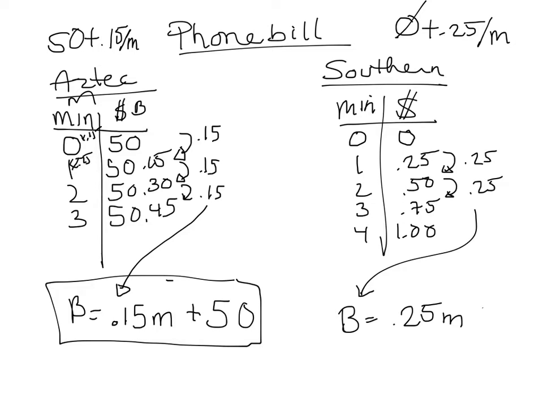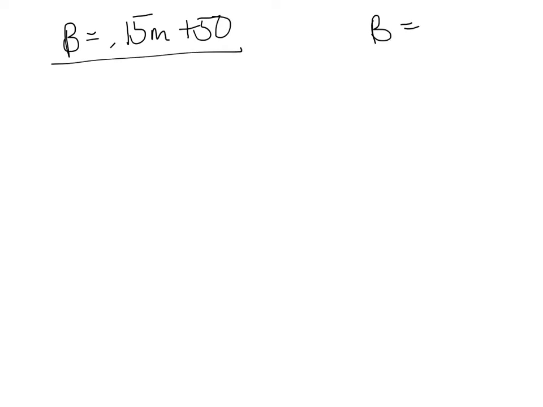So now what do we do with this is the bigger question. So I'm just going to move to the next page. So we have 0.15 per minute plus 50, and we have 0.25.